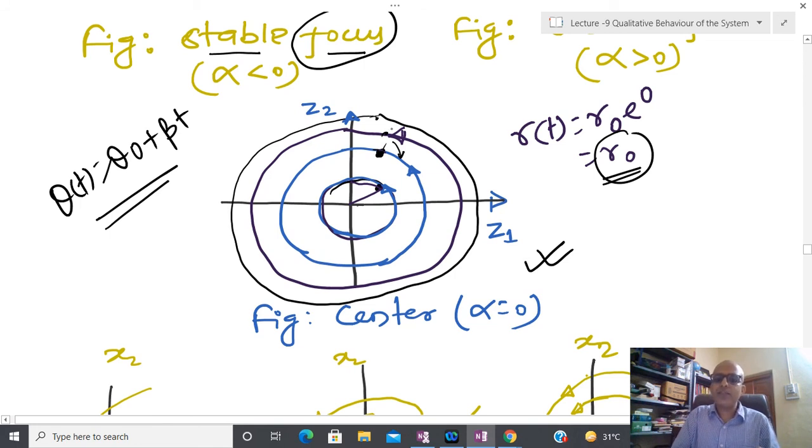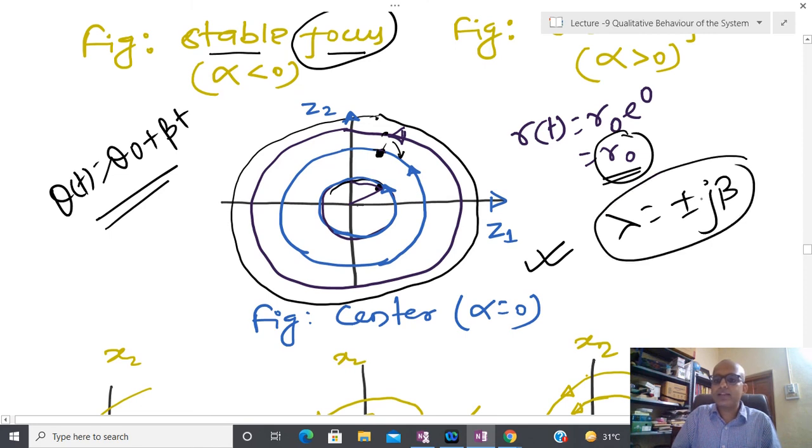So in the presence of a small disturbance, you are not able to persist this behavior, you are not going to remain in one orbit, because the orbit is only a function of the initial condition. If the initial condition changes due to some perturbation, then even if you maintain your eigenvalue, which for alpha equal to 0 is plus minus j beta, that is complex, you have oscillation with a different radius r0.